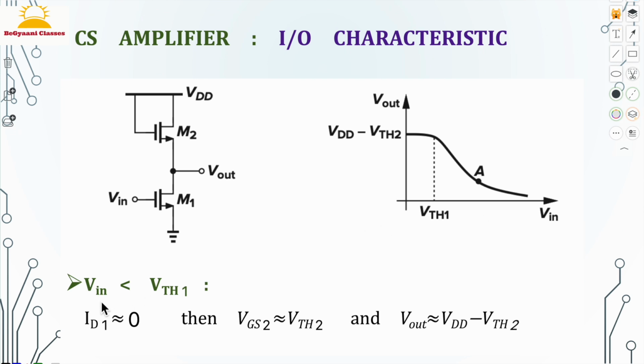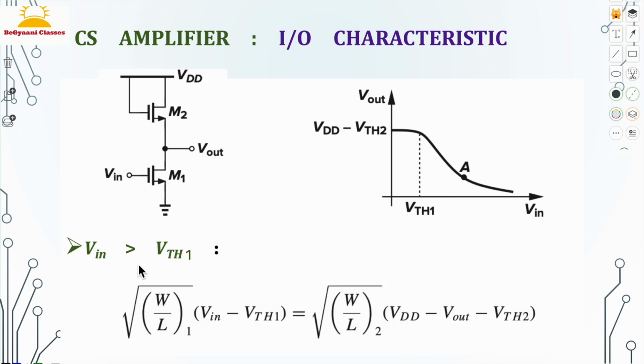Here if the input voltage is less than the threshold voltage of M1, then the output voltage equals VDD minus VTH2. For Vin greater than VTH1, both M1 and M2 are in saturation and ID2 is equal to ID1.